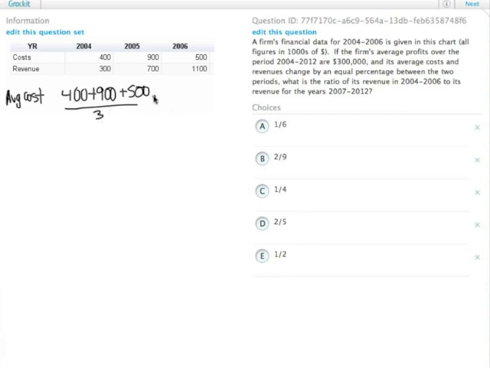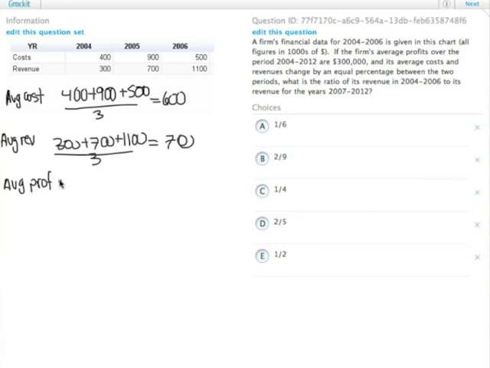That average cost equals 600. Average revenue is going to equal 300 plus 700 plus 1100, again divided by 3, for an average of 700. So the average profit is going to equal 100.